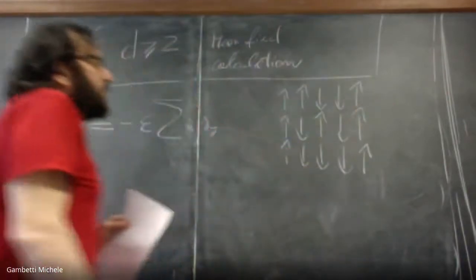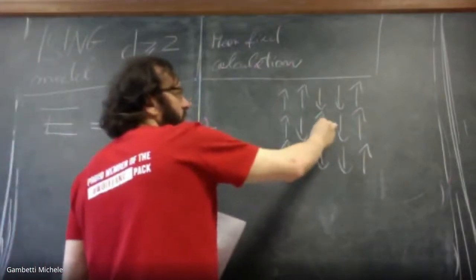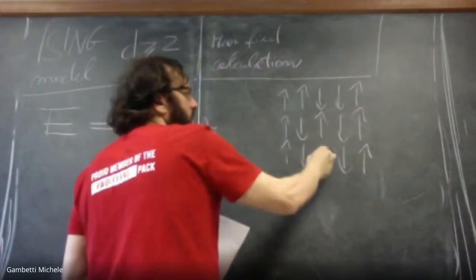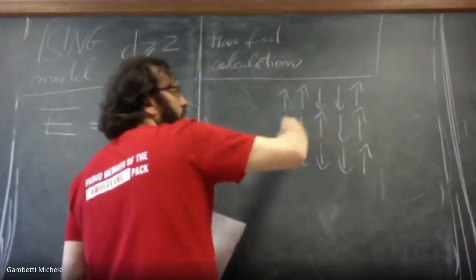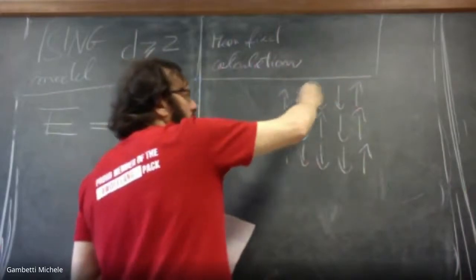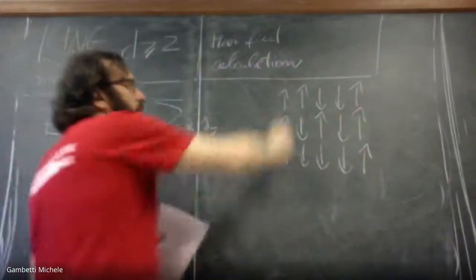So you need to consider the interaction of this spin, for instance, with this and this, which are the first neighbors. And if you want to go to second order, then you can also include those other four, and then you can go on.